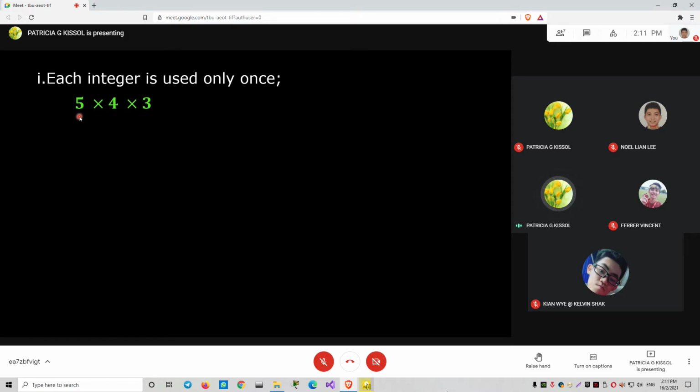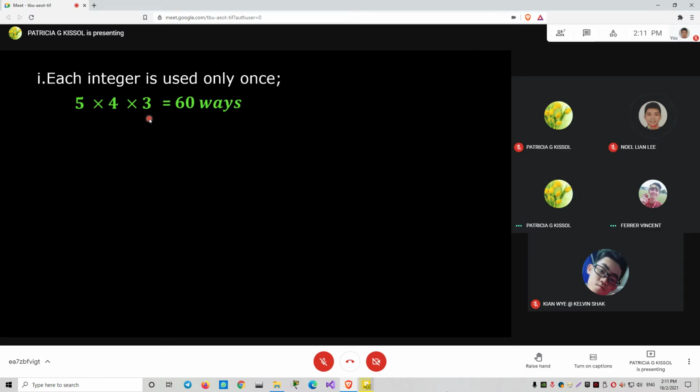It's either number 2, 3, 4, 5, or 6. But once you have chosen any of the numbers, you only have 4 left to choose, and then 3 numbers to choose from. So this gives us 5 times 4 times 3, which is 60 ways. And that is how you answer it. Any question?